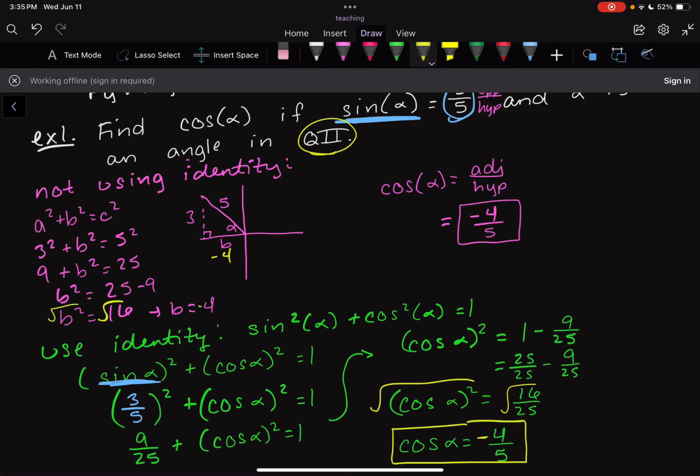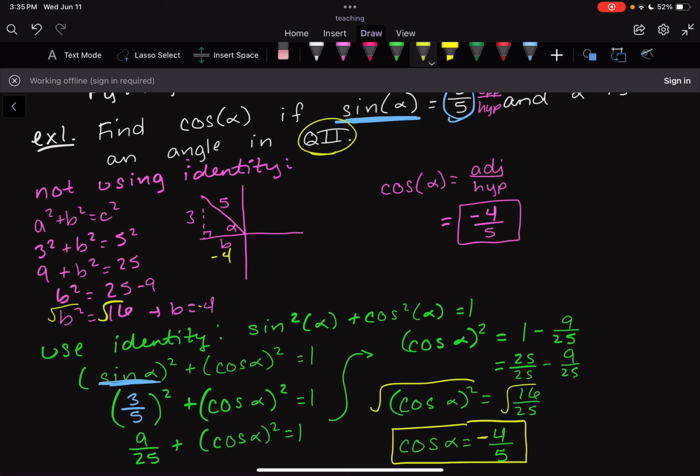So really this is just two different ways to do the same problem. I want to warn you that on the test, if I say to use the fundamental identity, I need you to do it using the identity, meaning I want it to look like it does in green. Now, I give partial credit, so if you did it like in the pink, you wouldn't lose everything. I would still give you majority credit for that. It's just you might lose 1 or 2 points for not using the identity.